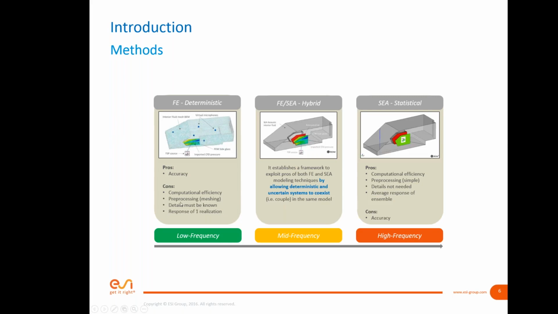And also you take only one realization of an ensemble, so statistically it's only one shot, and it doesn't take into account some variations. So it's great for low frequency, but as you go higher in frequency, you have to take into account the different dispersions, the uncertainties.